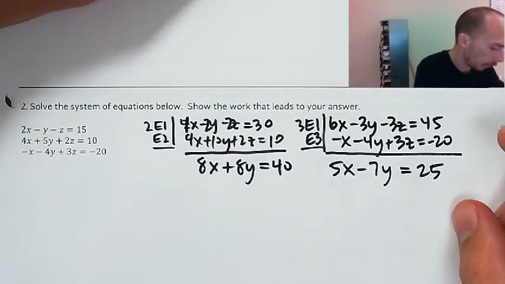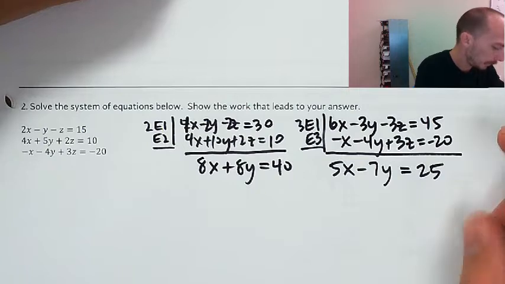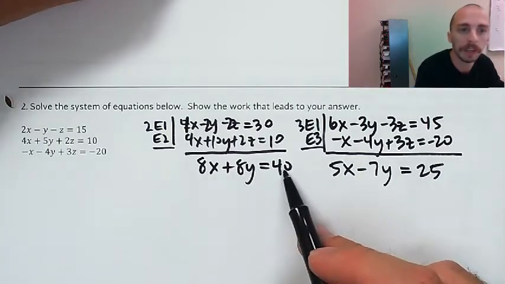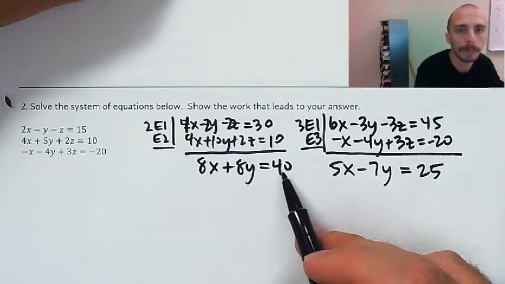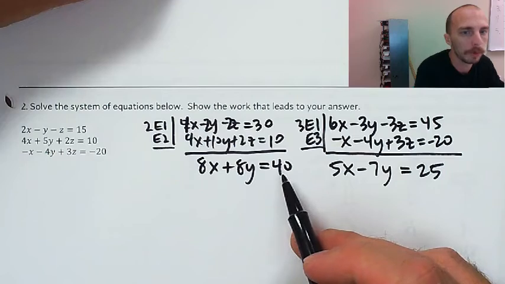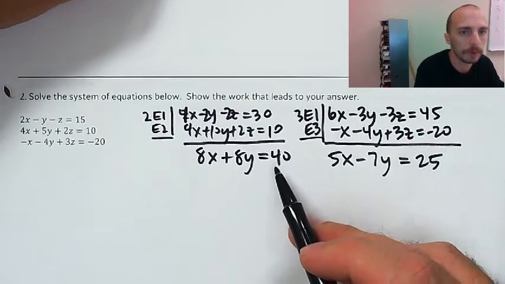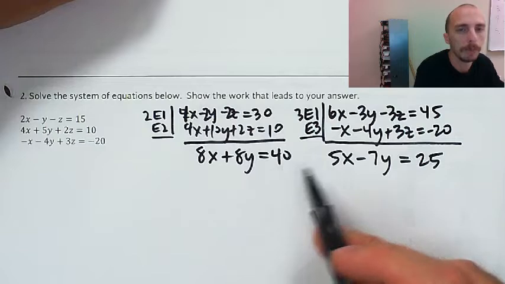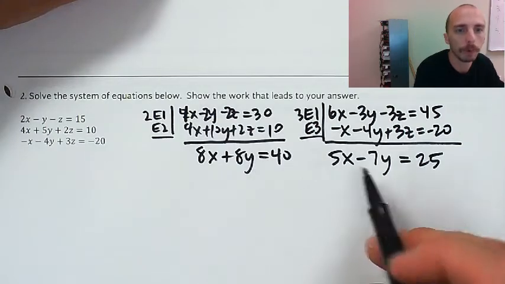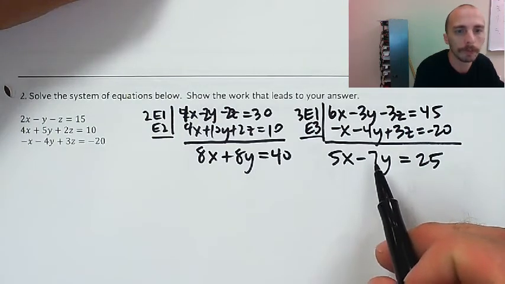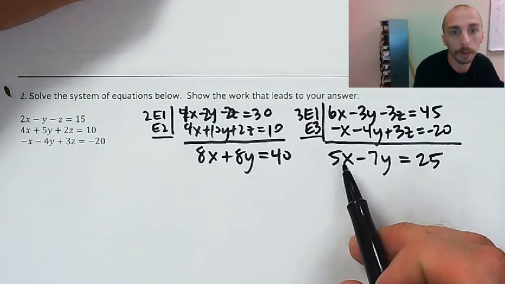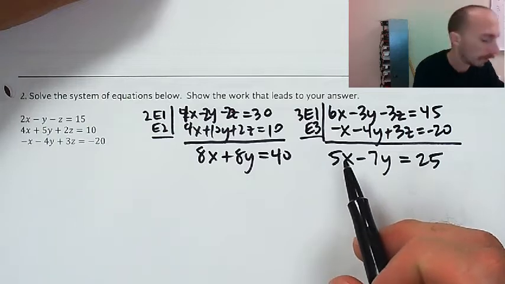Okay, now at this point, I can go a few different directions. Because 8 divides 40, I'm thinking I might want to multiply this whole equation by 1/8. I know that might not be something that you would think to do right at this point, but it'll keep my numbers lower when I scale up to match that 7, or if I want to eliminate on x with the negative 5.